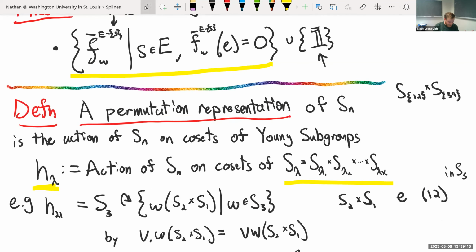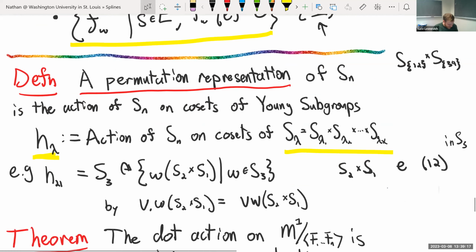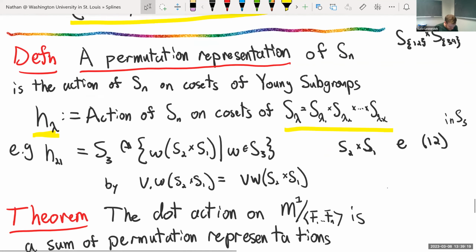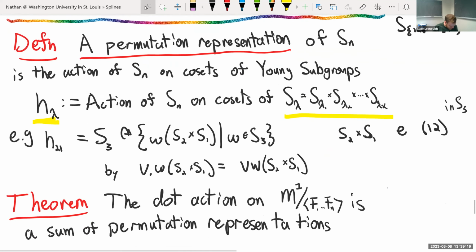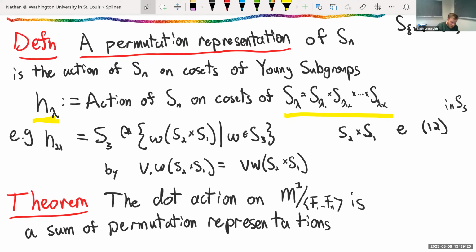So that's a permutation representation, probably my favorite type of representation. I work with them quite a bit, right? So theorem: the dot action representation on our first graded piece, quotiented by the ideal, in the vector space context, is a sum of permutation representations.